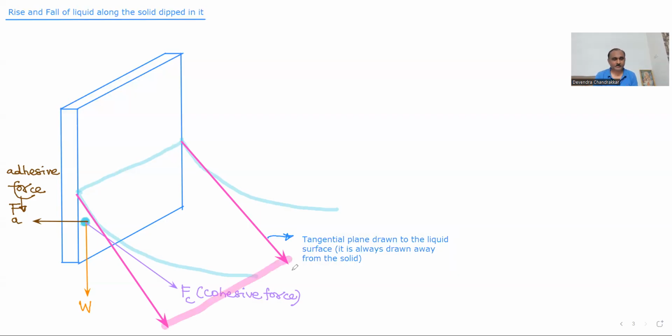Let's call this tangential plane drawn to the liquid surface TPL. Tangential plane drawn to the liquid surface. Now draw the tangential plane to the solid surface. This is the tangential plane drawn to the solid surface.